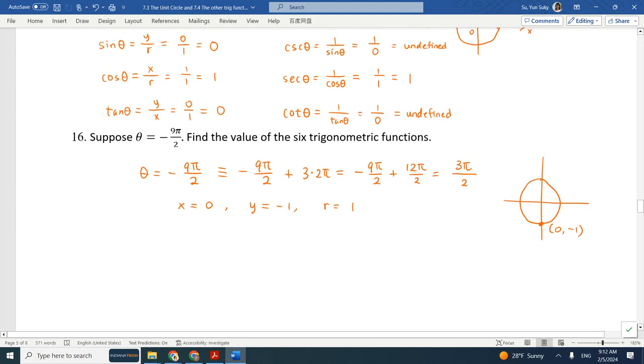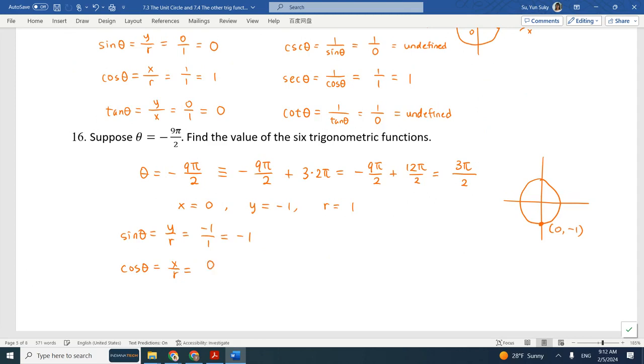Okay, now we can find the 6 trig functions. What is sine? Y over r. Y is negative 1. R is 1. We get negative 1. Cosine is x over r.